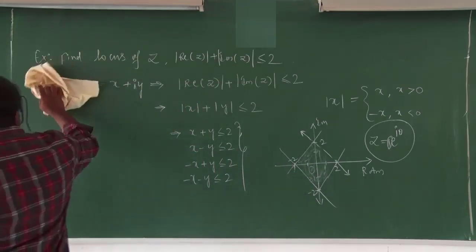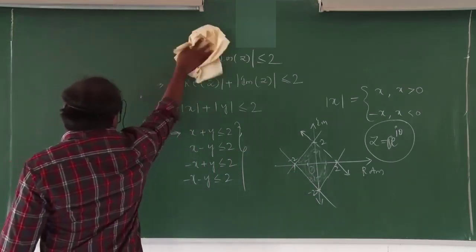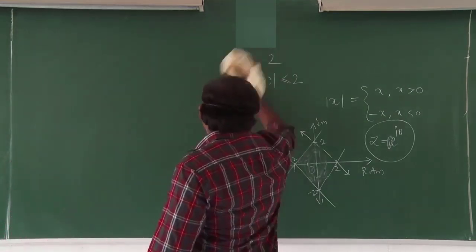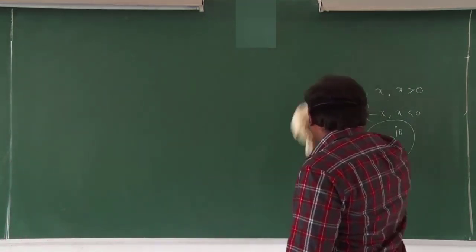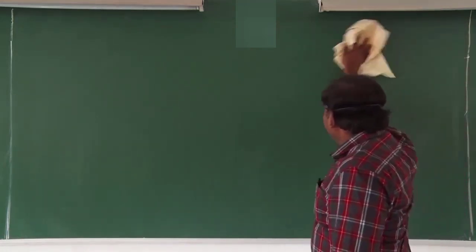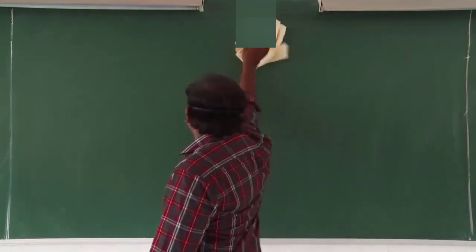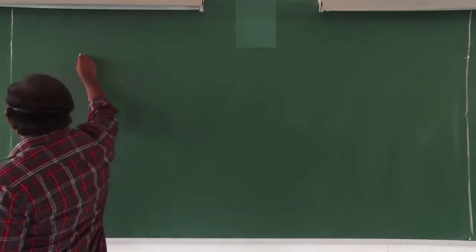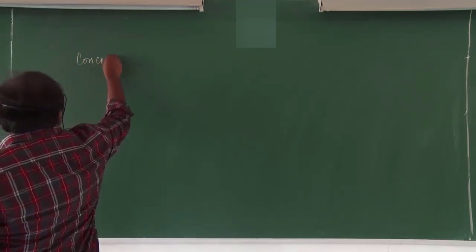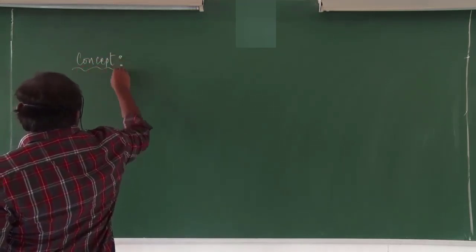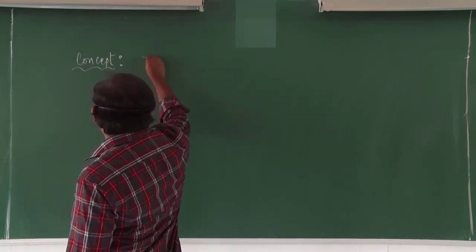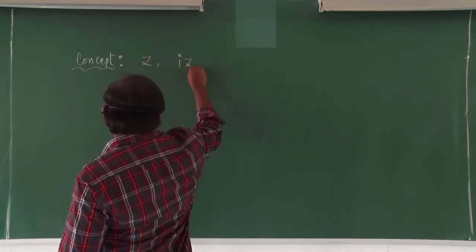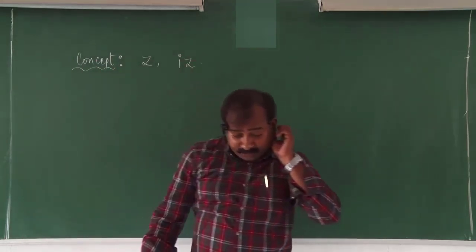Next. For example, one concept I will tell you. z is one complex number. iz is one more complex number.